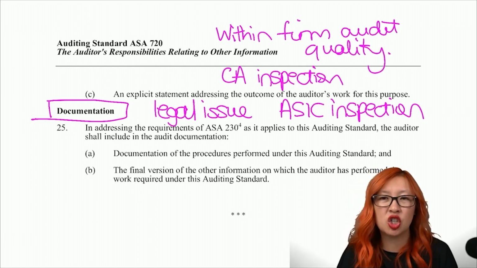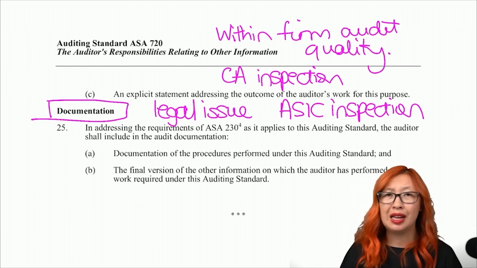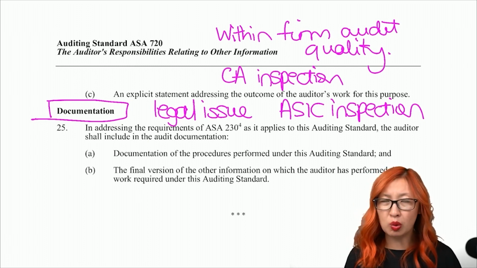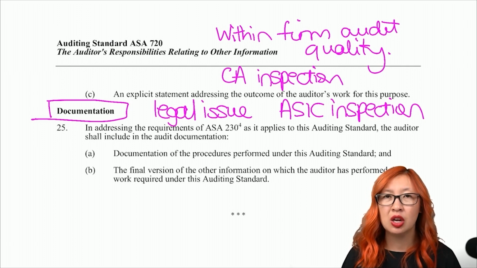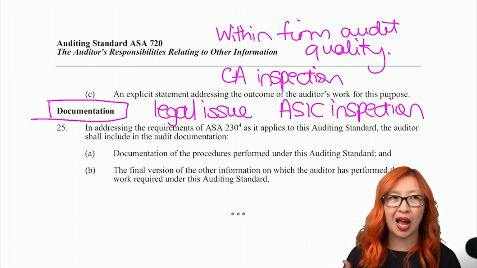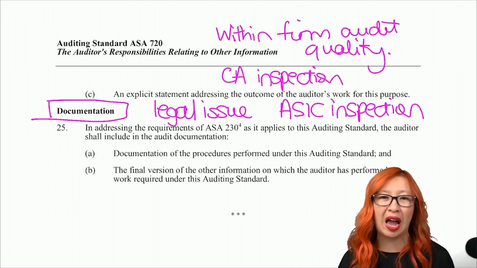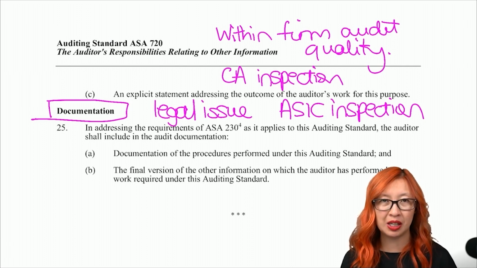All right, we need to be able to justify why we've made decisions. If we've identified potential inconsistencies, but then we decided they weren't, we should have clear expectations to document why we made those decisions. Because remember, I can't remember what I had for lunch last week, let alone what I did on an audit 5 years ago when there might be an issue.